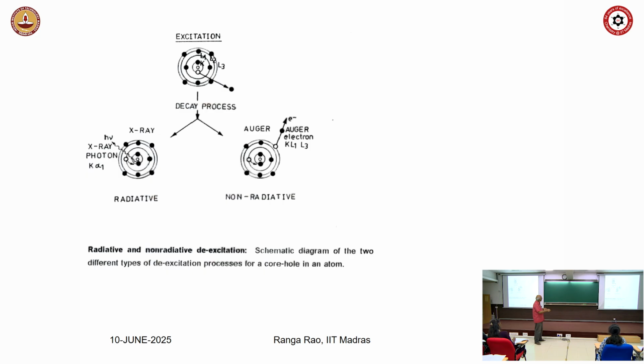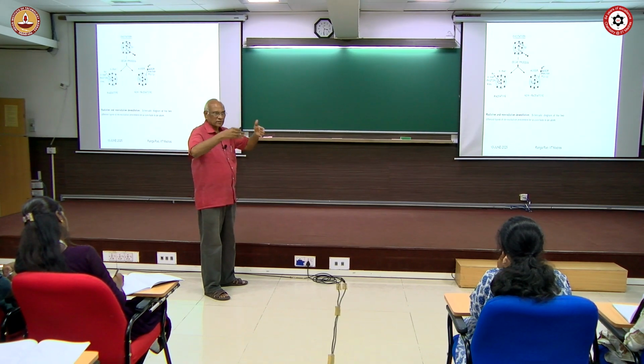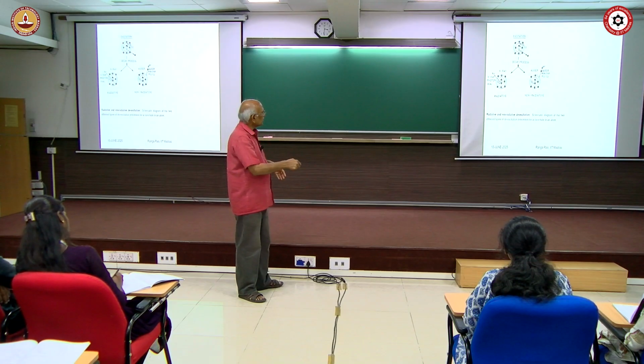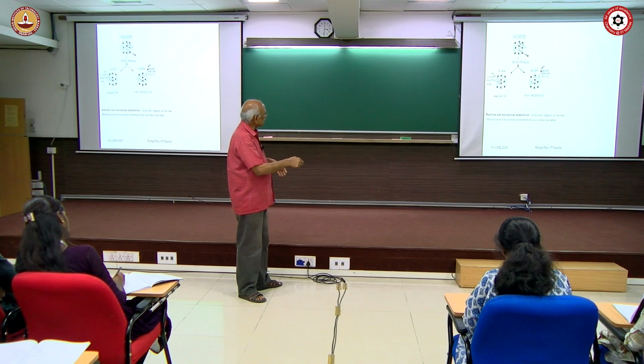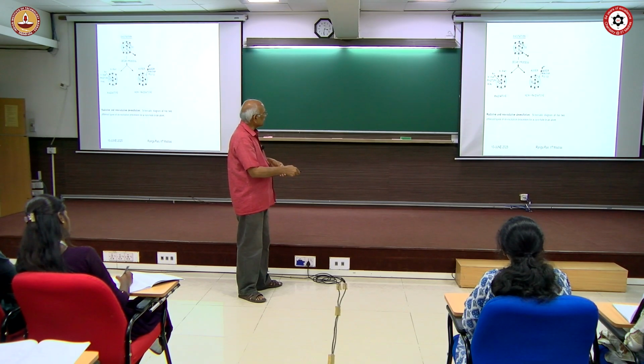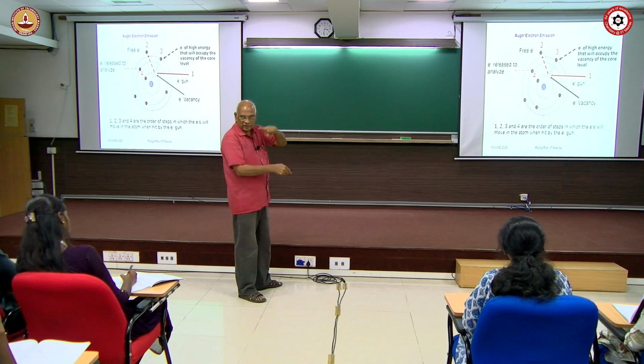Once you remove this electron, this is the excited state, and this will have to decay from excited to ground state. It has to come to some lower energy state. So there are two decay processes. One is the X-ray process. That means the energy difference between the two, for example here, this energy difference will come out as X-ray.